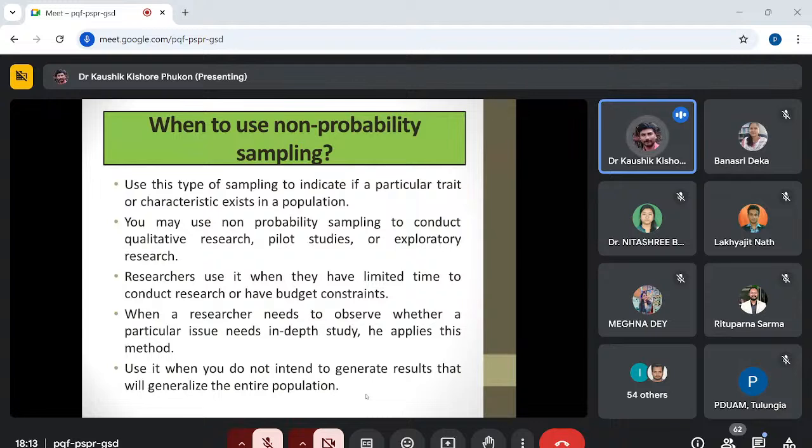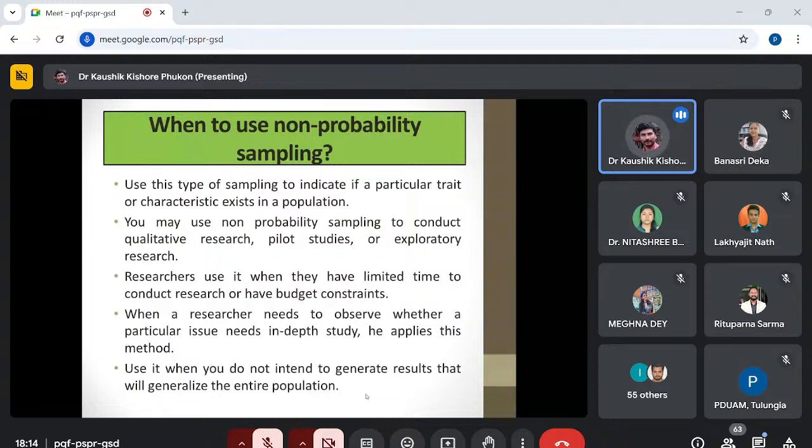This is the first thing I am telling. If you wish to gather some preliminary idea about the population before starting the actual research, then also one can go for non-probability sampling. Non-probability sampling is useful to conduct qualitative research, pilot studies, or exploratory research.